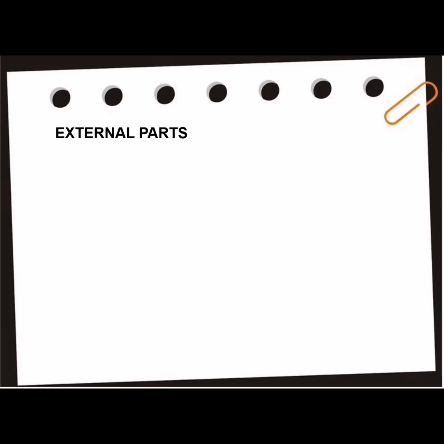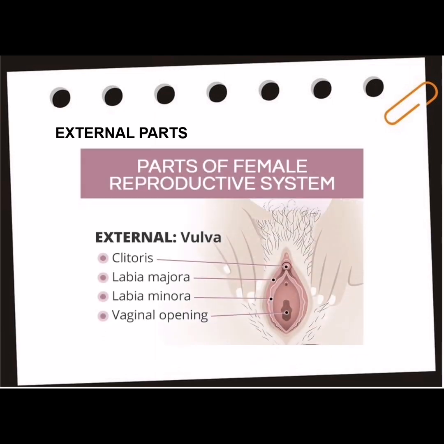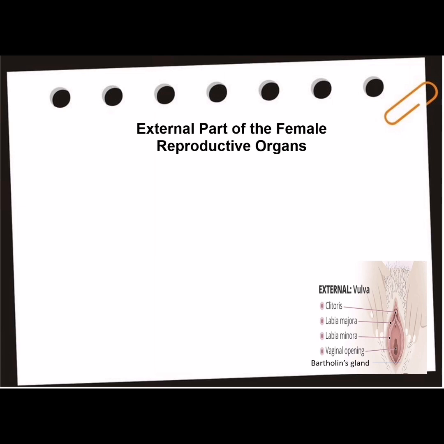Now, it's time for us to know the external parts of the female reproductive system. It includes the vulva. The vulva is divided into four parts: the clitoris, the labia majora, the labia minora, and the vaginal opening. What are the functions of the external parts of the female reproductive organs?